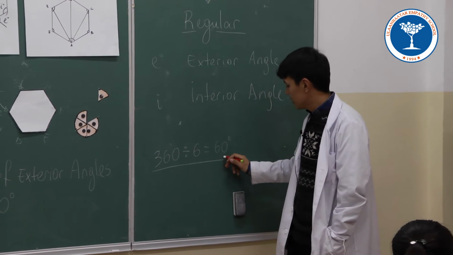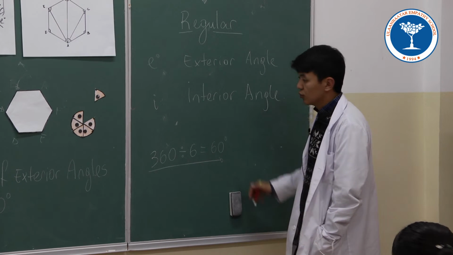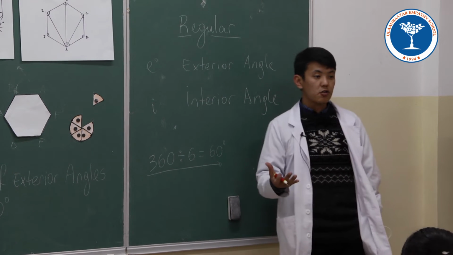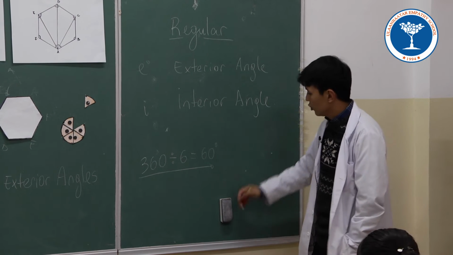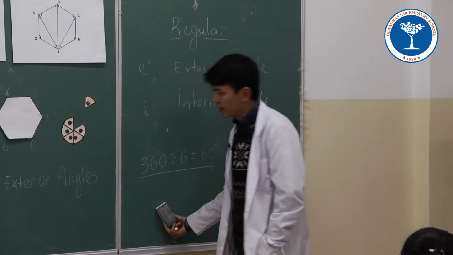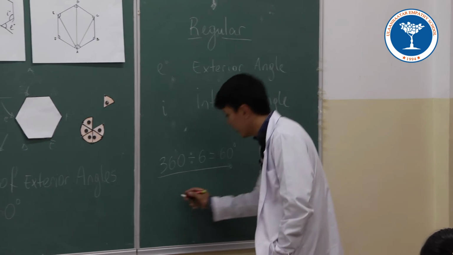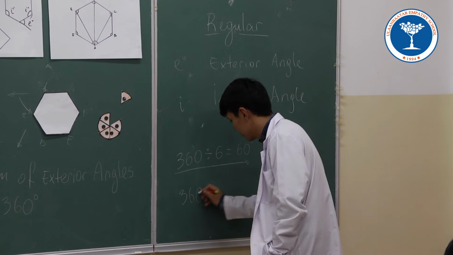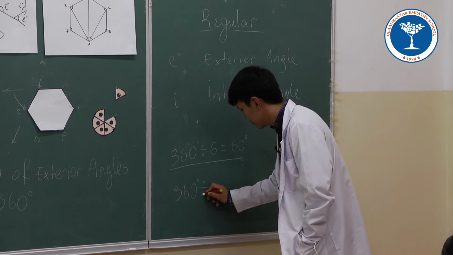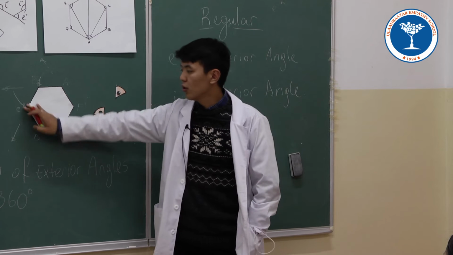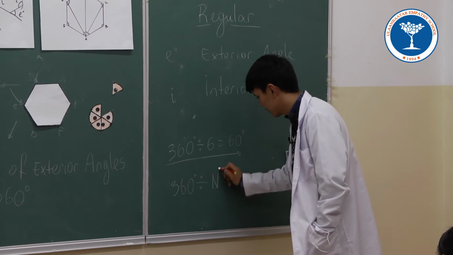So, the exterior angle of the regular hexagon is 60 degrees, yeah? From this, you can go to the definition of the exterior angle of a regular polygon. You just take 360 degrees and divide it by the number of sides.